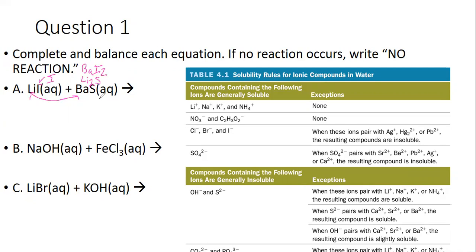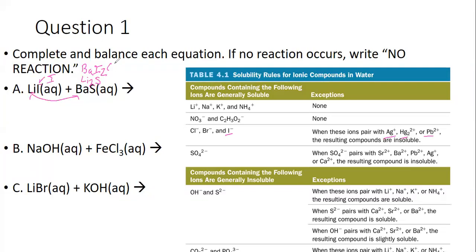All right, we look at our two products. We have BaI2 and Li2S, and we just have to ask, are these soluble or not? So let's start with BaI2. In our table, we say I is soluble except with Ag, Hg, Pb. So iodide is soluble with barium.